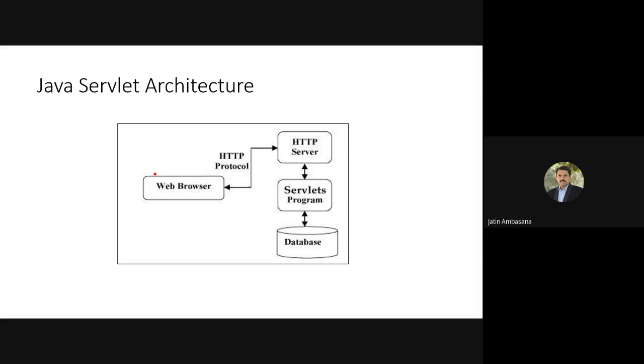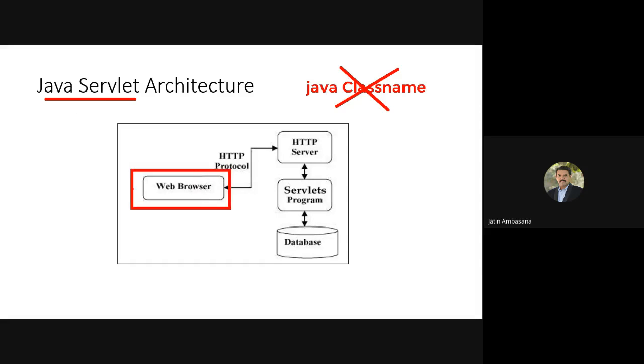You will not be executing your Java programs by saying java and the class name. No, this will not be the way in which you will be executing your Java servlets. You will be using a web browser, where you will be giving a URI, also known as a URL.